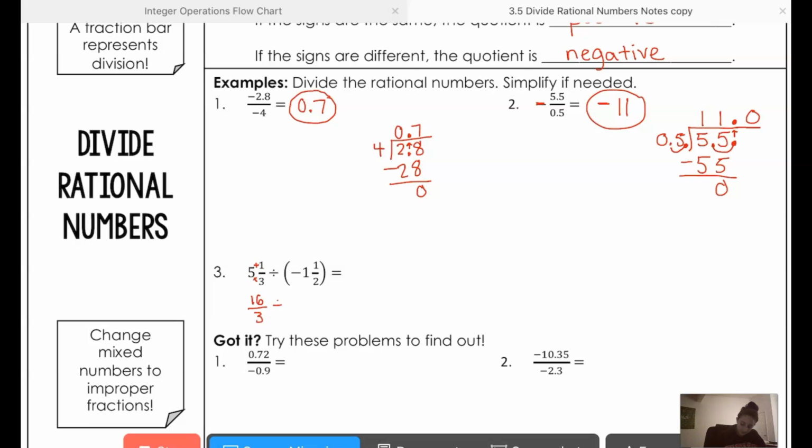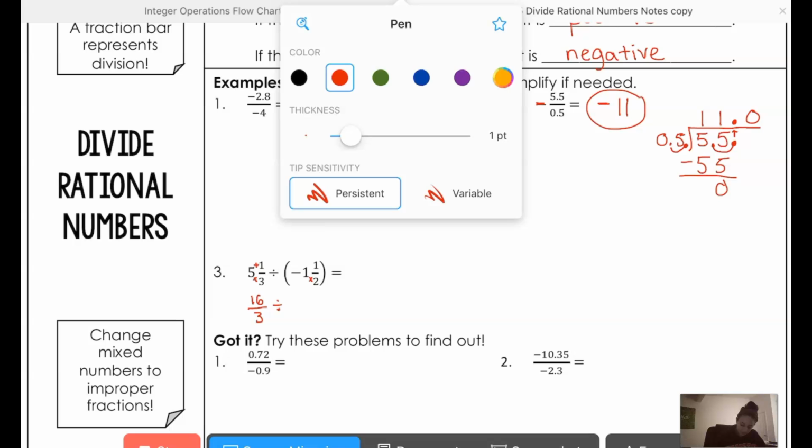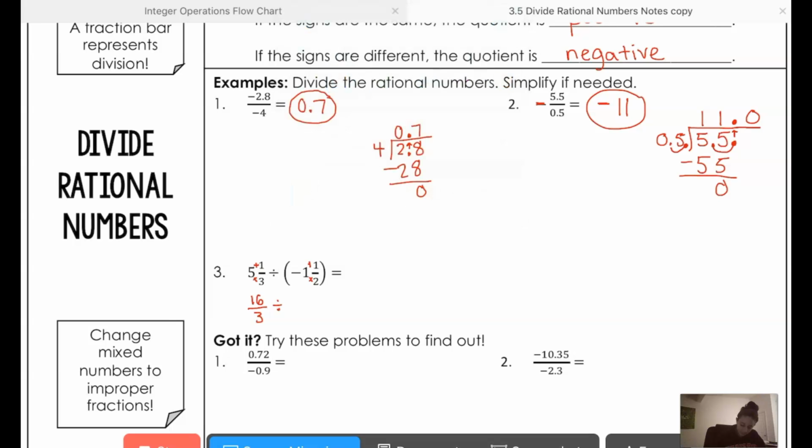And then divided by, I'm going to make the negative 1 1/2 improper. So 2 times 1 is 2, plus the 1 on top is 3, and then keep the denominator. So now we have 16/3 divided by negative 3/2.